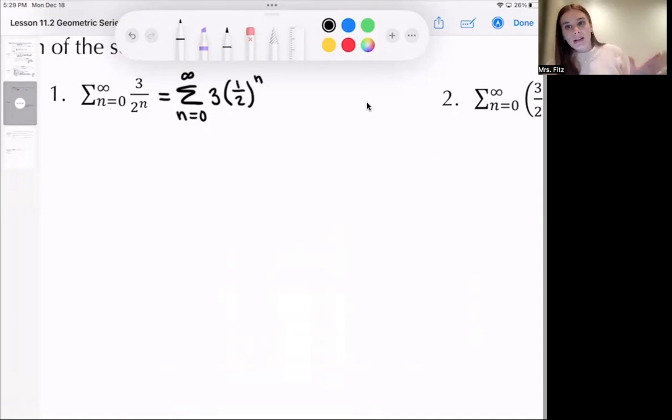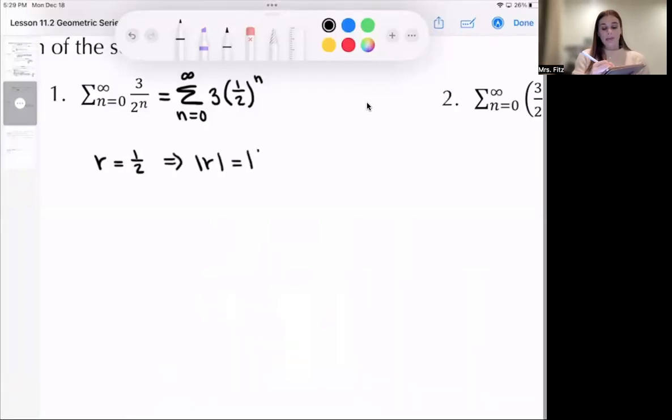So now it's really clear that your common ratio r equals 1/2. Therefore, the absolute value of r, which is the absolute value of 1/2, is in fact less than 1. So we are good to go. Therefore, the sum from n equals 0 to infinity of 3 over 2 to the n converges.